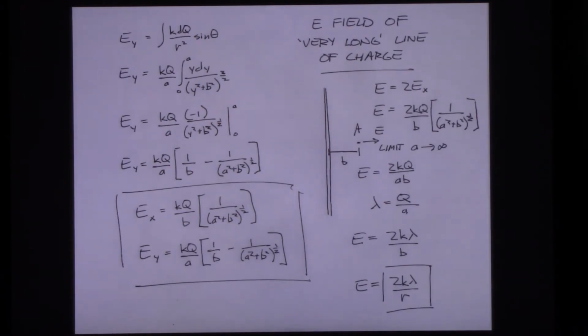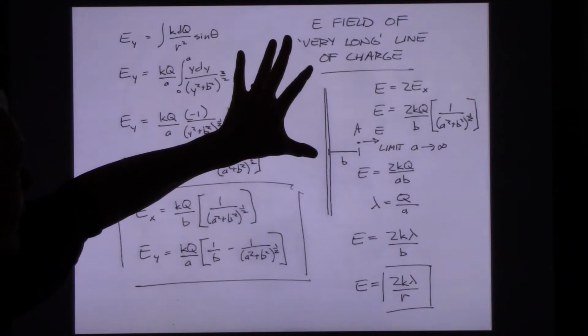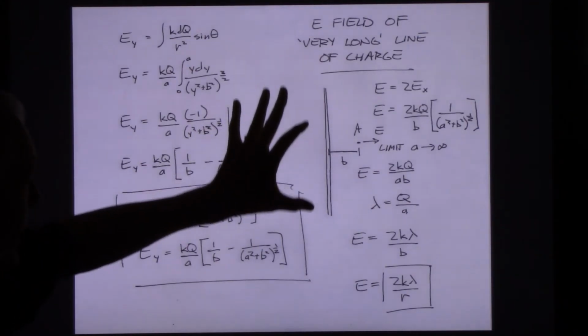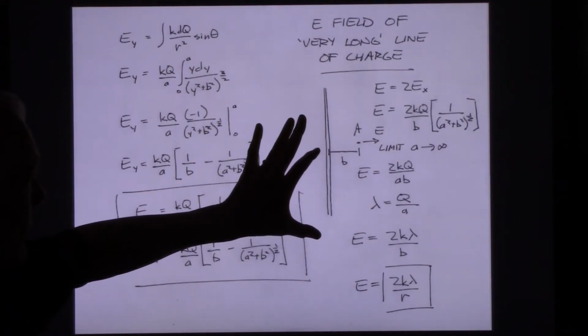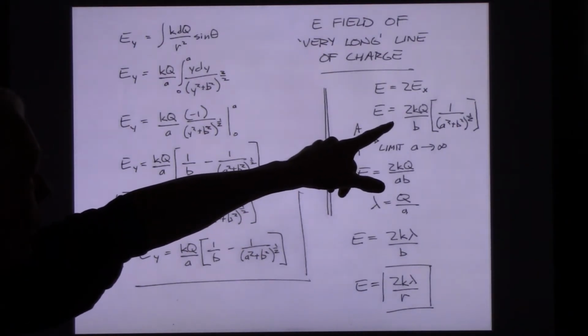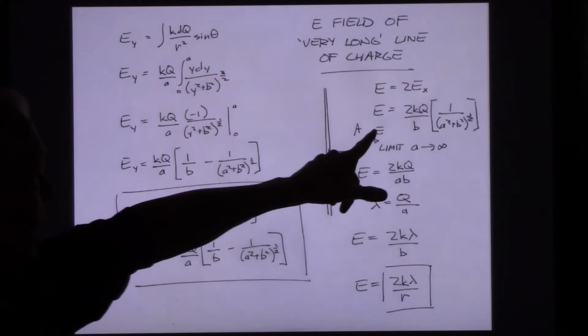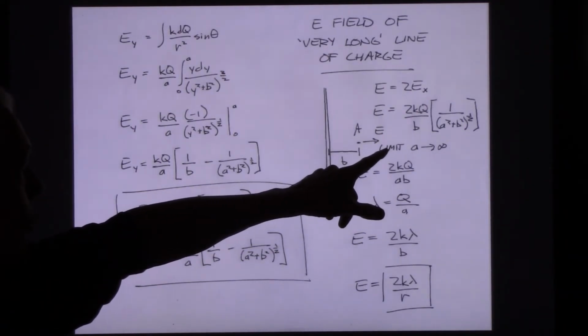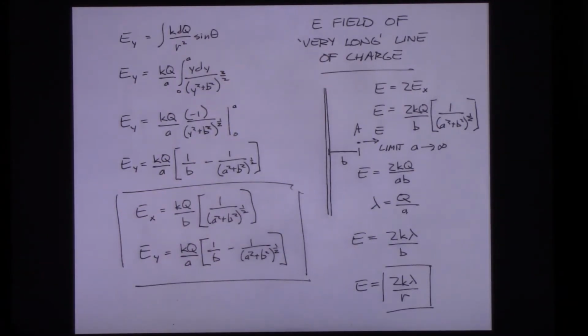We're going to ask, what do these integrals give us in the limit where a goes to infinity, and we also double up, we do an integral here and an integral here. And so the electric field we're going to get is 2 times the formula that we had before. It's going to be 2kq over b, 1 over a squared plus b squared to the half. I've got to think about that some more.